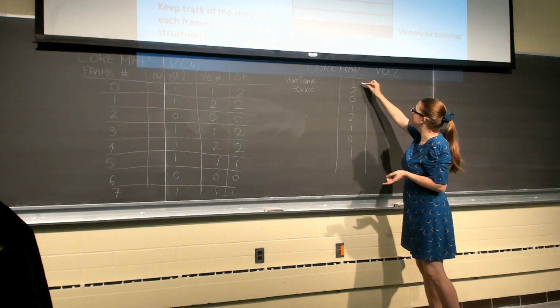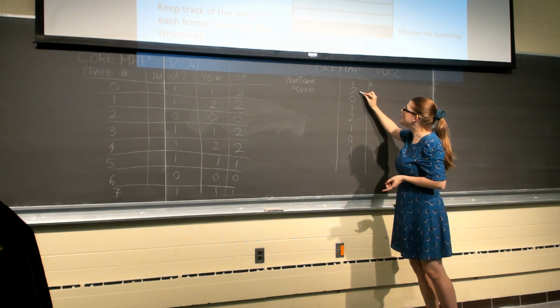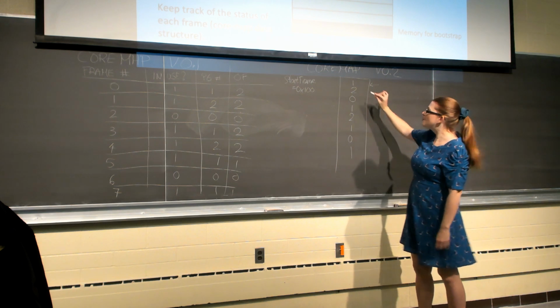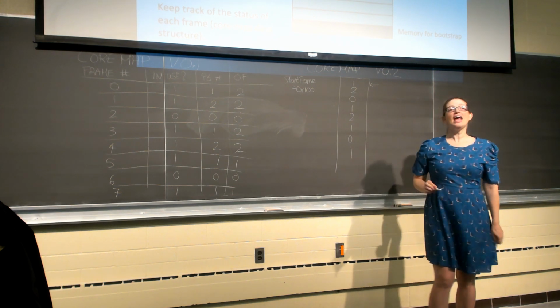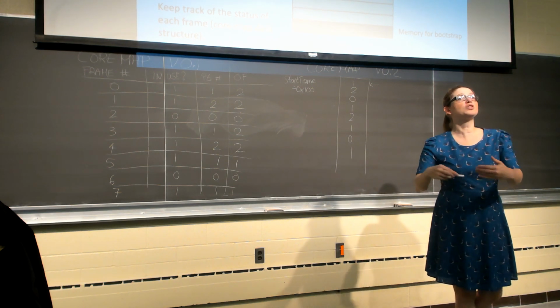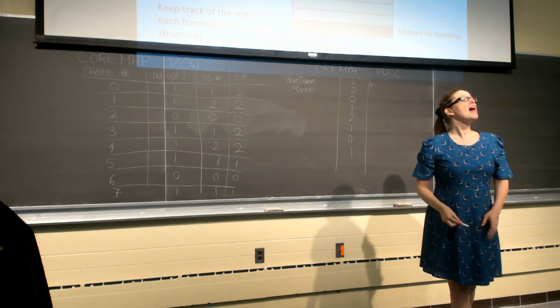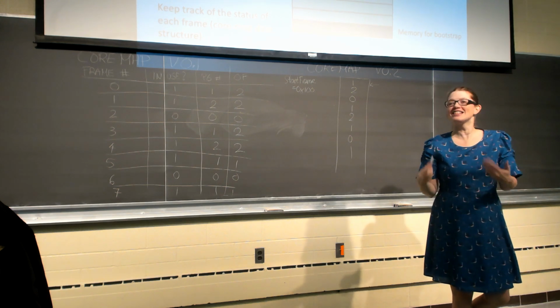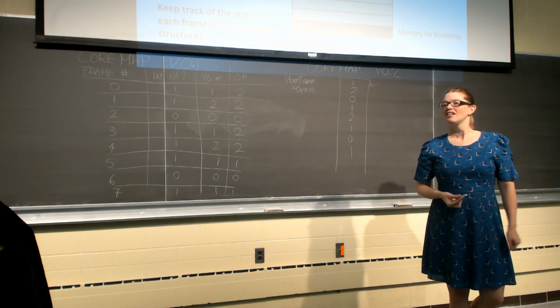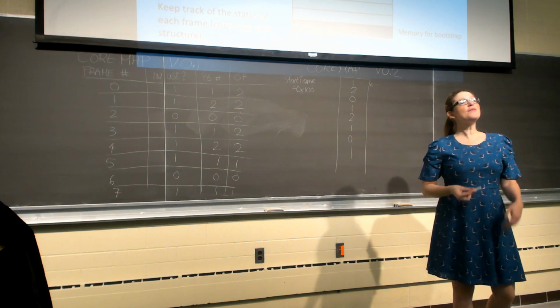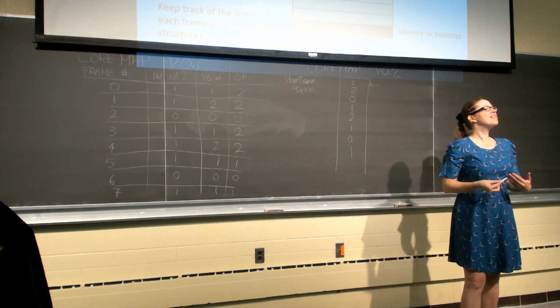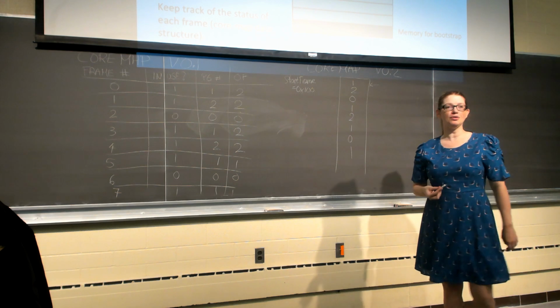So you mark this one as free, and then you go to the next entry. If the value of the next entry is whatever you were plus 1, then it's a part of the same contiguous allocation. And if it's equal to you, then it is not a part of you.